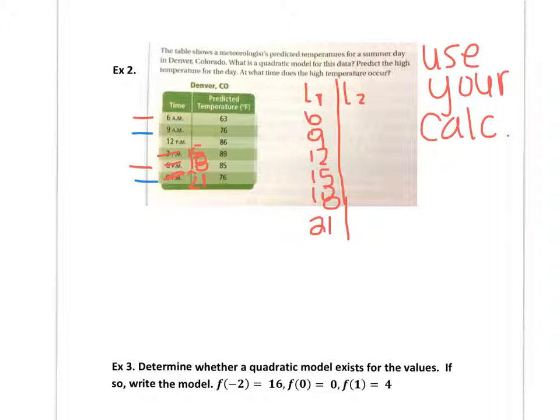So you could have stopped at 12 p.m. and been totally fine, okay? Because remember, you only need a minimum of 3 ordered pairs in order to make a quadratic, okay? But the more that we have, the more accurate it's going to give us. So then you're just going to go in and put your 63, 76, 86, and so forth in your L2s, okay?